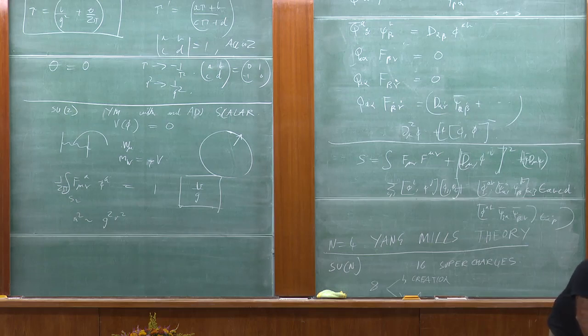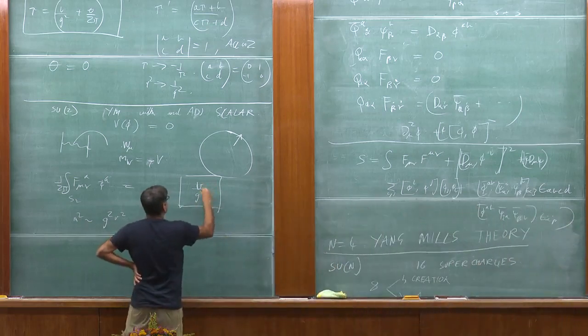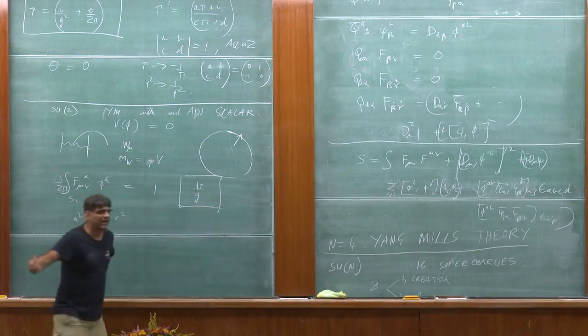Just one sec, please. What is e square? Mass is g. Monopole mass, they say, is 1 by, I say it must be somehow in the g. I say, sorry. The monopole mass is 1 by g.